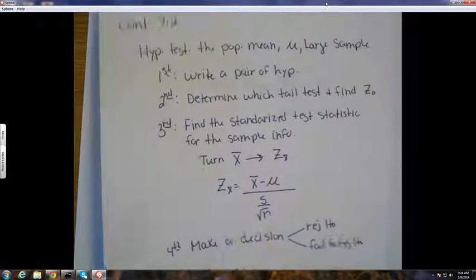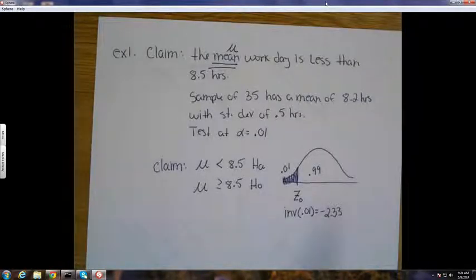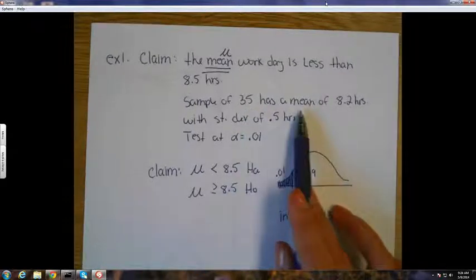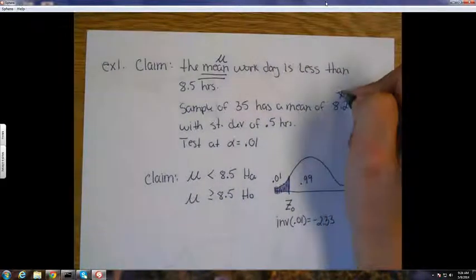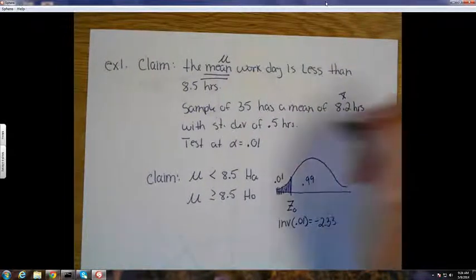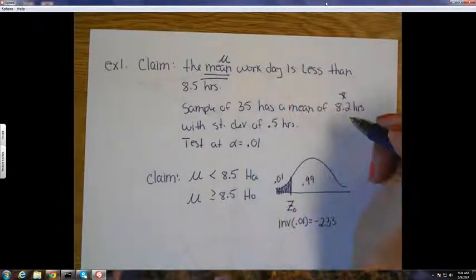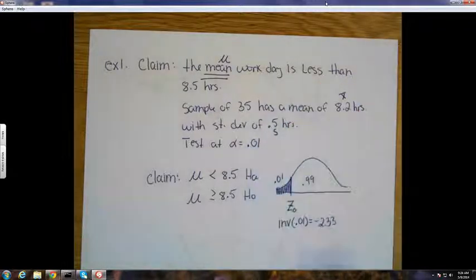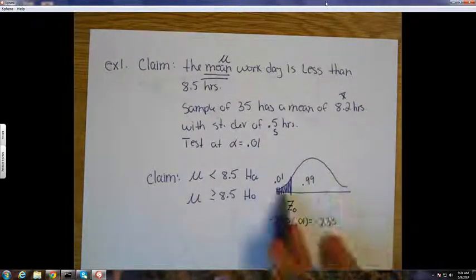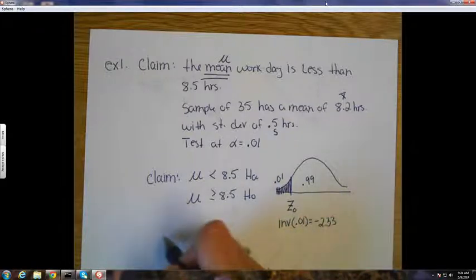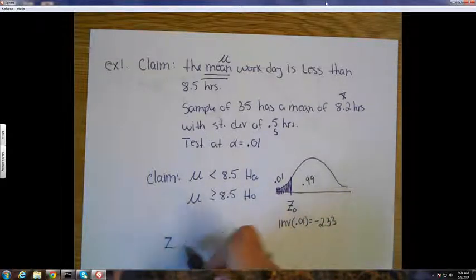Okay? So, the sample of 35 has a mean of 8.2. So this is my x bar right here, because it's from the sample. And what is the 0.5? That's the s. So I need to turn 8.2 into a z-score so I can see where it lands on this graph. So the z-score for 8.2.